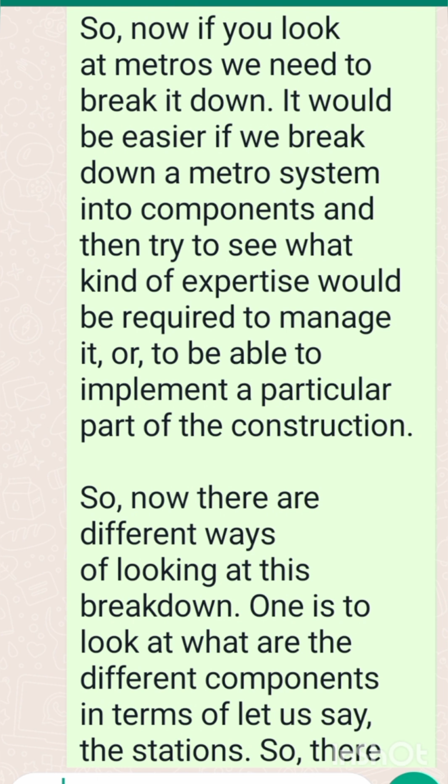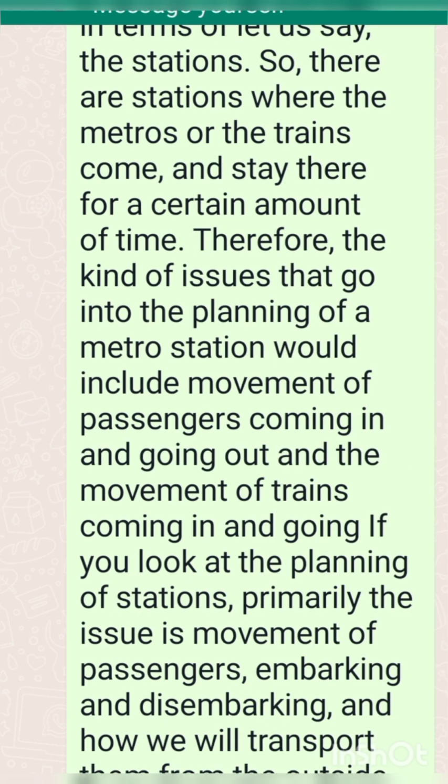One is to look at what are the different components in terms of, let us say, the stations. So there are stations where the metros or the trains come and stay there for a certain amount of time. Therefore, the kind of issues that go into the planning of a metro station would include movement of passengers coming in and going out and the movement of trains coming in and going.